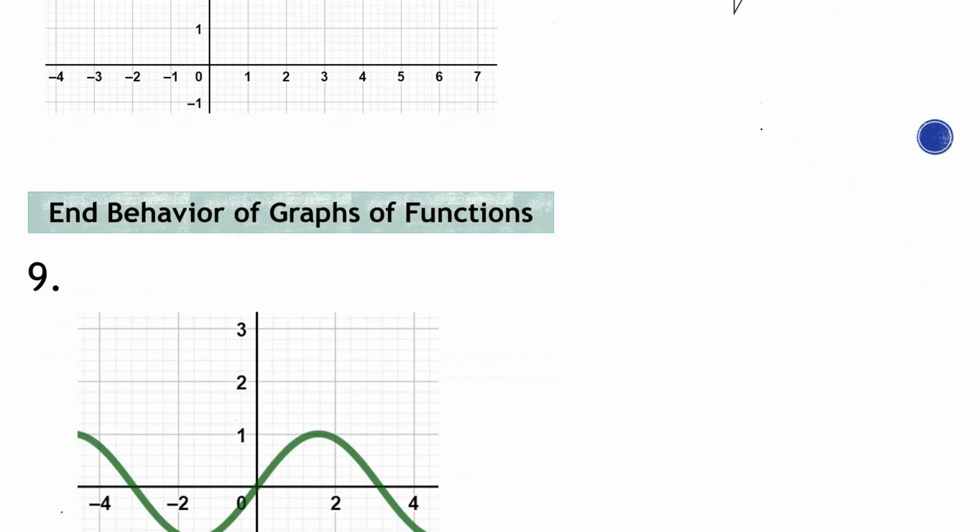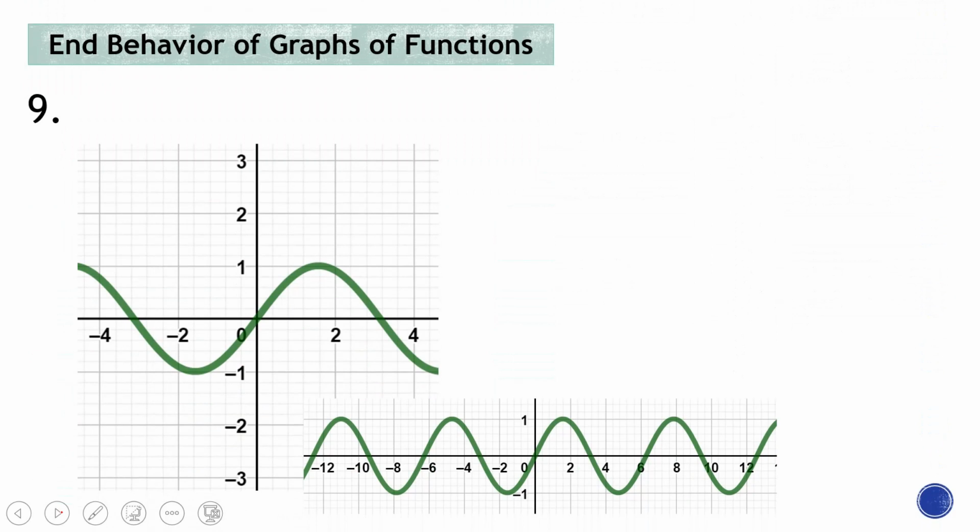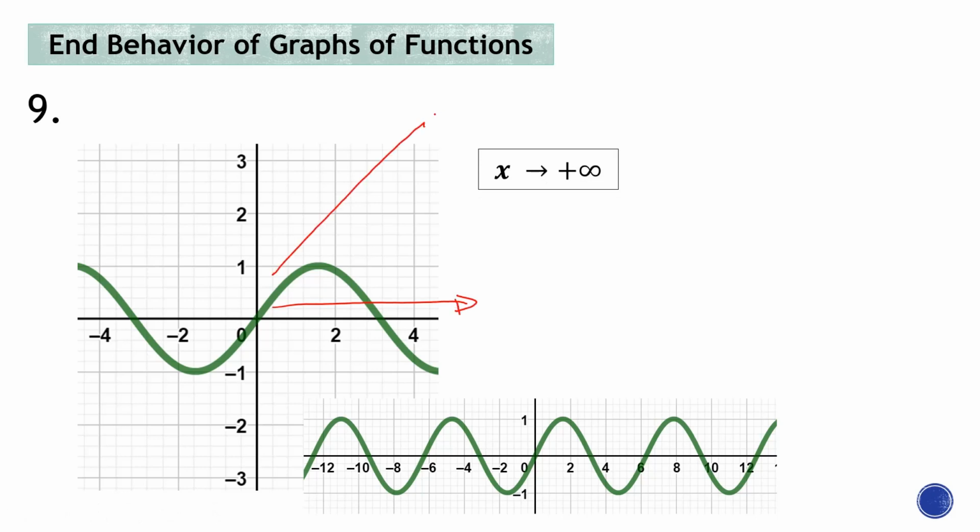Here we go. Okay, so here we have this. I think this is a sine function. This is a trigonometric function. So the question here is, as x is approaching positive infinity, where is the graph going? Is it going towards positive infinity, or is it going towards negative infinity? Okay. Now, as you can see, it goes up.